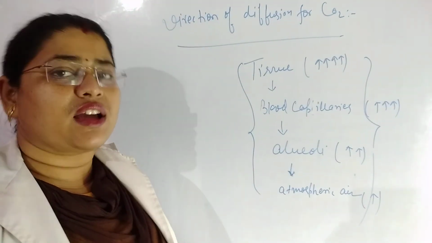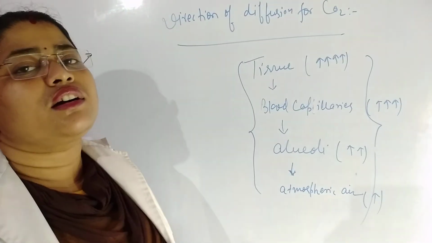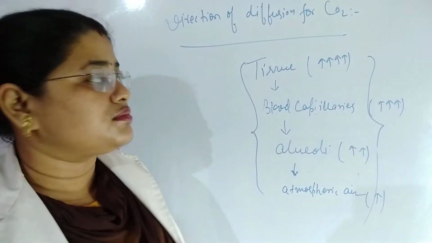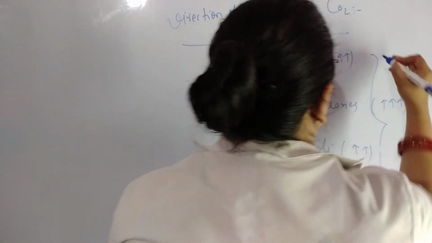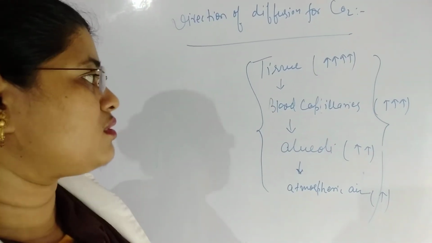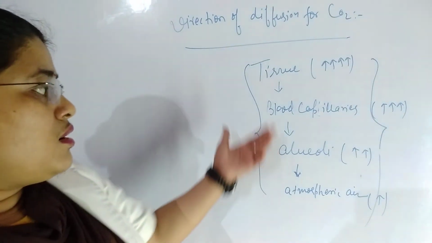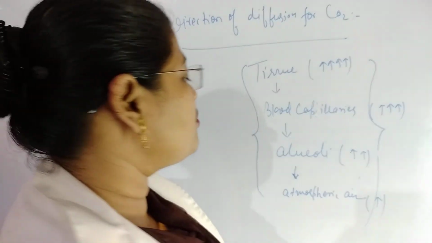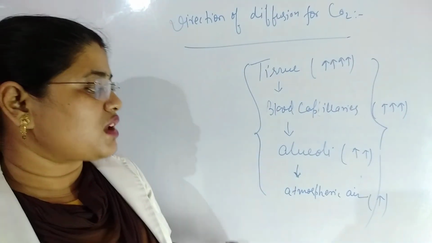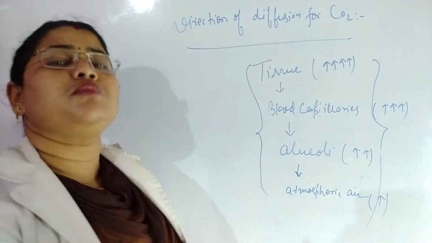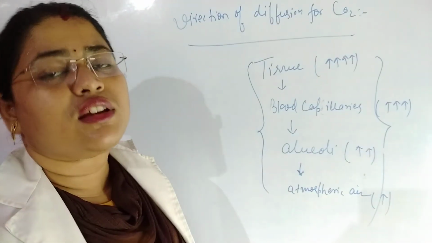So the basic mechanism is the concentration gradient or diffusion. This is the way in which CO2 comes from tissues and is expelled from the human body to atmospheric air.